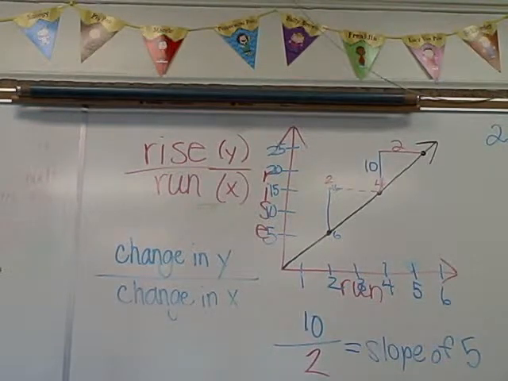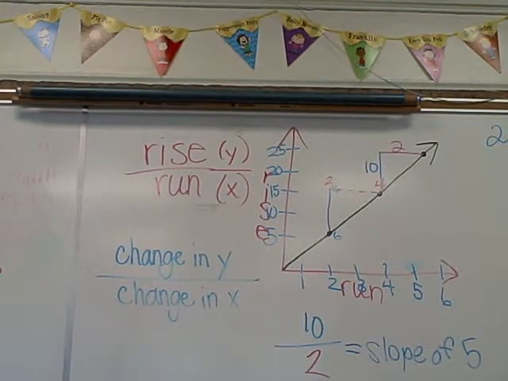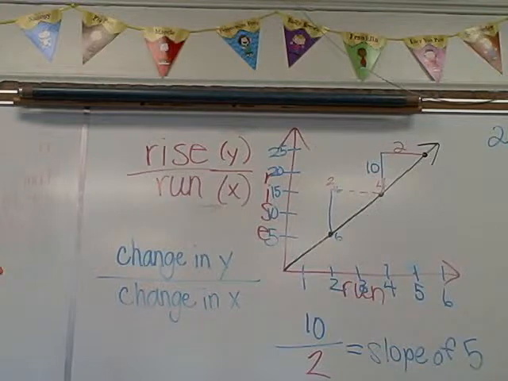When there's, let's say, 5 dots, do you want us to calculate all of them? That's a good question. How many rises and runs do you think you should do?